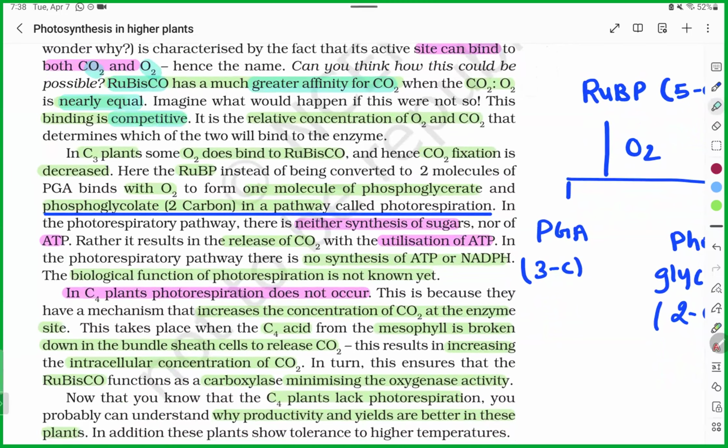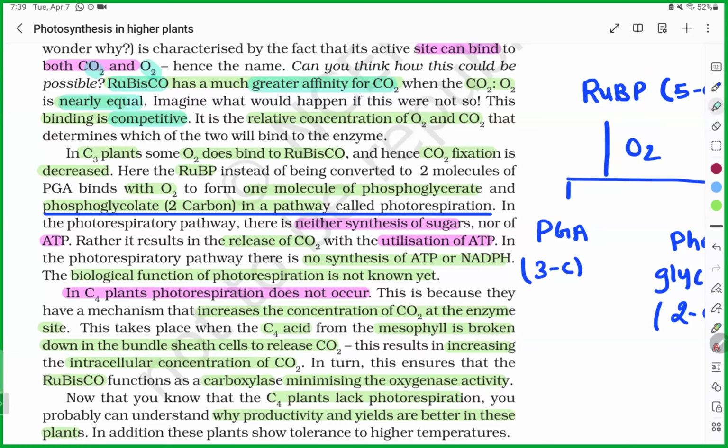What I am trying to say is that Rubisco can bind with oxygen, and Rubisco can bind with CO2. If both amounts are the same, Rubisco binds more with CO2. Why? Because its affinity with CO2 is more.